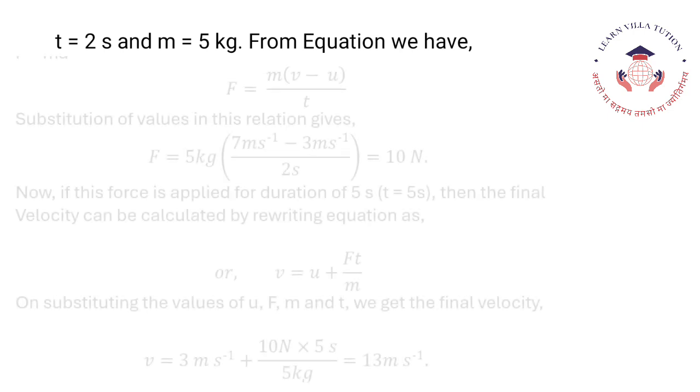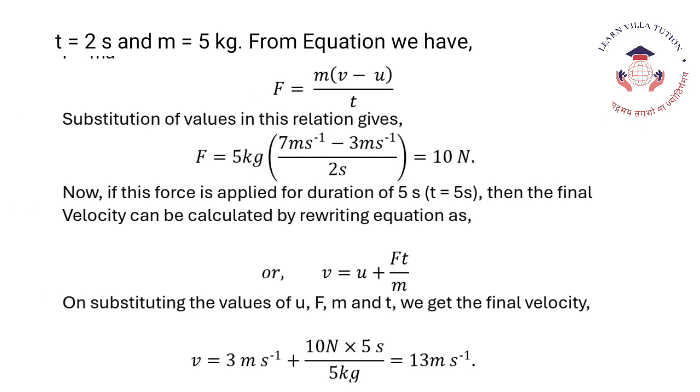From the equation we have force F is equal to m into (v minus u) divided by t. Substitution of values in this relation gives F is equal to (7 minus 3) multiplied by 5 and divided by 2, which is equal to 10 Newton.